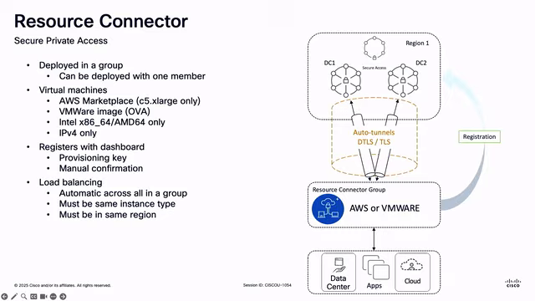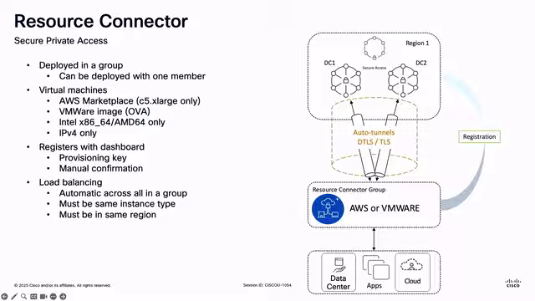Essentially, a Resource Connector is a lightweight VM that can be installed in AWS or installed in VMware. Recently we have come out with a Docker version of the Resource Connector, which makes it much more portable.